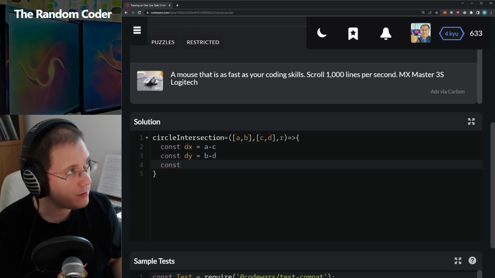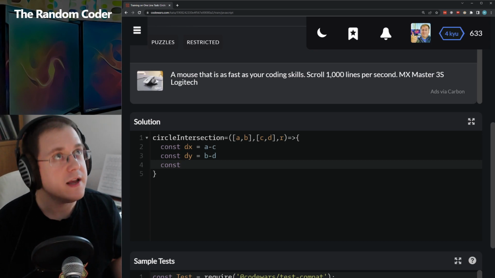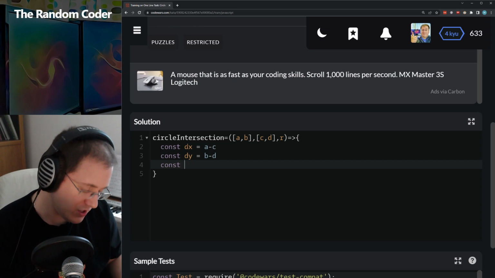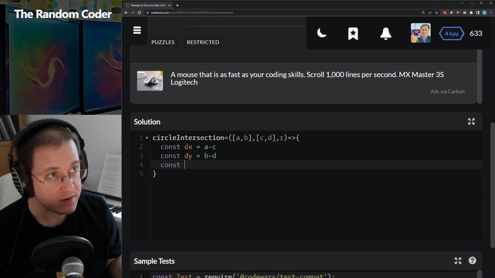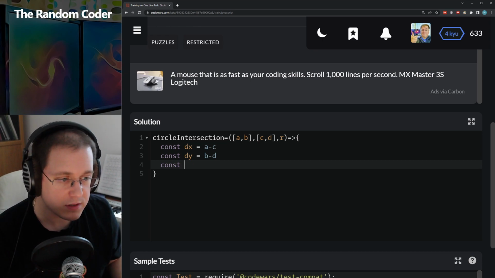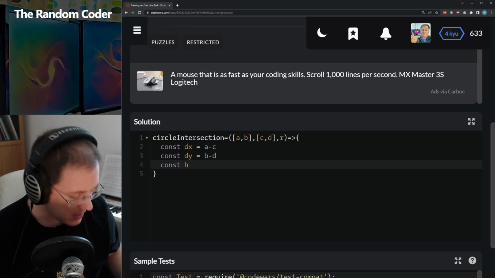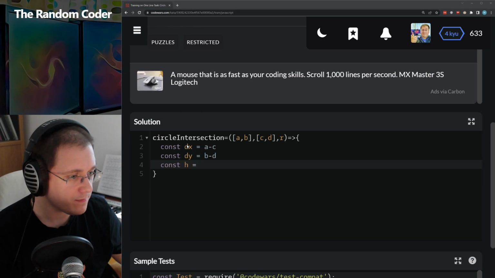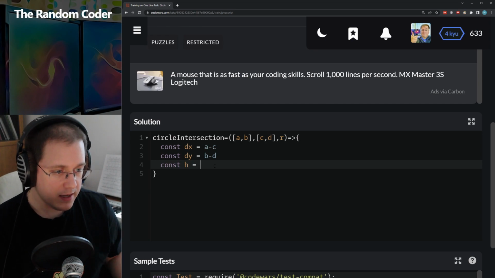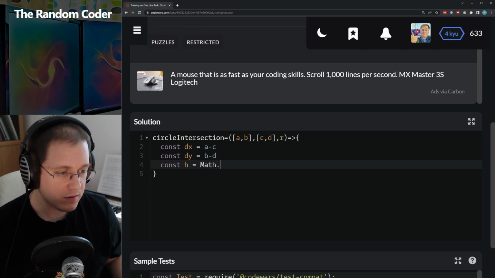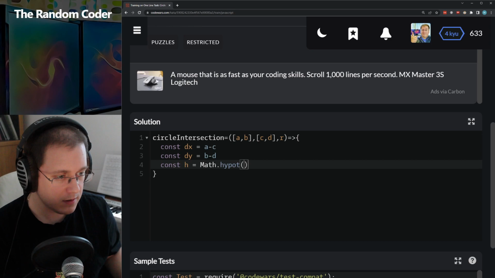Then we can do Pythagoras. Now, I happen to know there is a function on the math object for calculating the hypotenuse of a triangle, given some inputs. So we can say h for the hypotenuse, which is this diagonal length, is equal to Math.hypot, and we can specify dx and dy, and that will give us the hypotenuse.